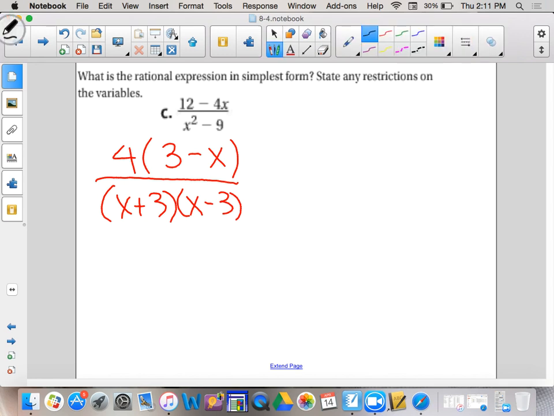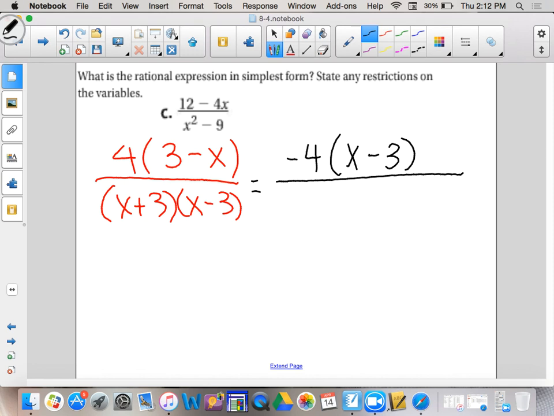This problem is a little bit different, and you're going to see this again, so you might as well understand it now. I can't have 3 minus x. I have to put the x in front. So what I need to do is take a negative out. When I rewrite it, I'm going to have negative 4 and x minus 3.